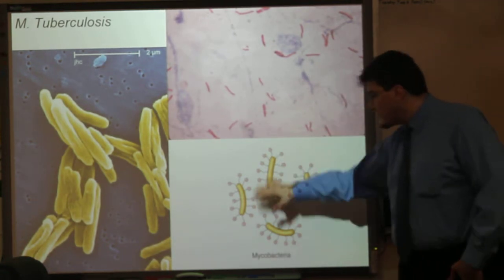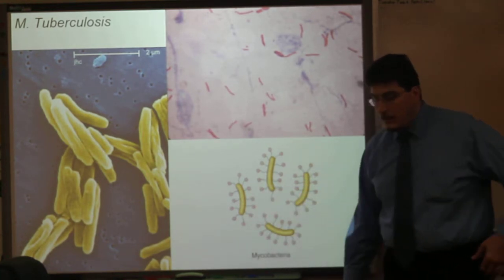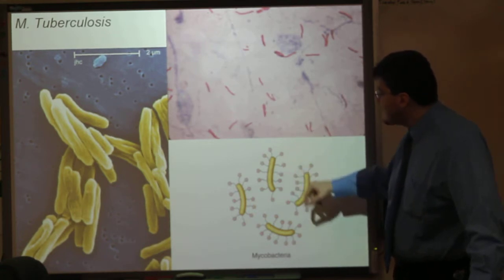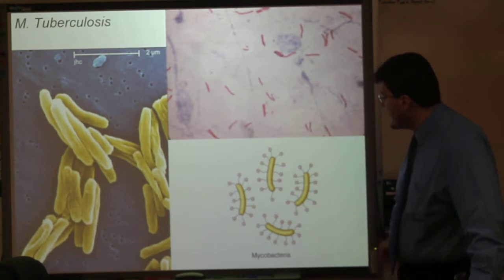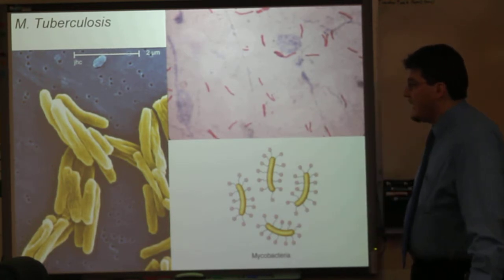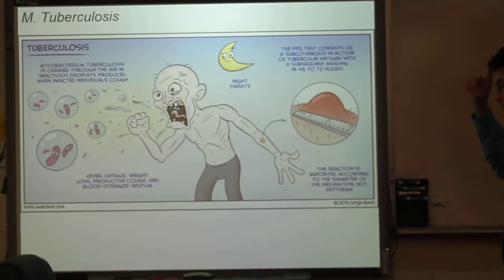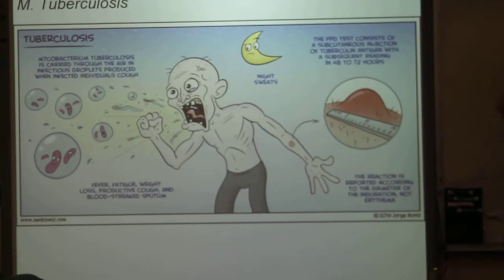And then we have a cartoon drawing here showing the mycolic acid over here. These mycolic acid spirals moving out here. Now that's for another day. Now these are the symptoms of tuberculosis. This is by an artist, Jorge Muniz.